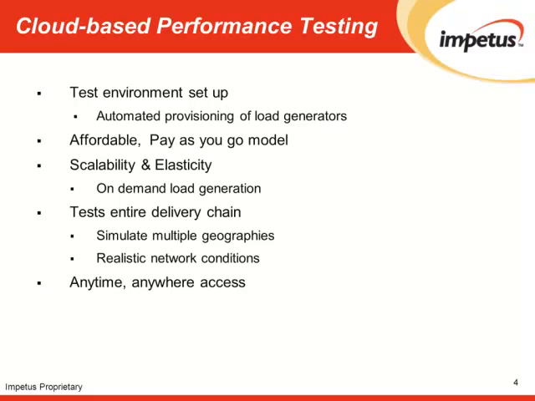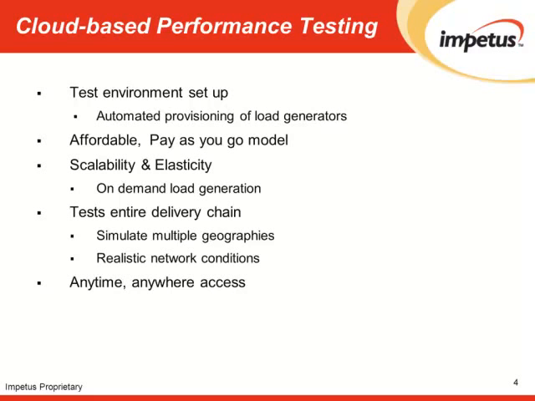Now, as you know, many times web applications experience sporadic surges in traffic. Generating the load for large-scale tests to mimic these unanticipated spikes in the production traffic may require tens or even hundreds of machines.